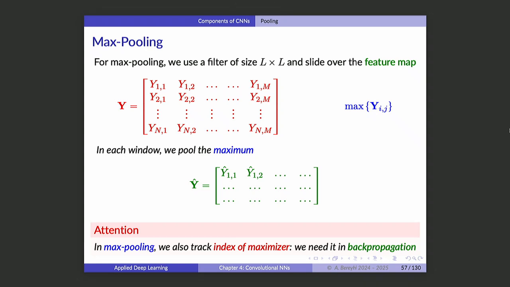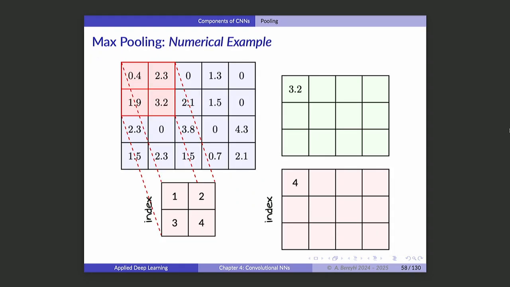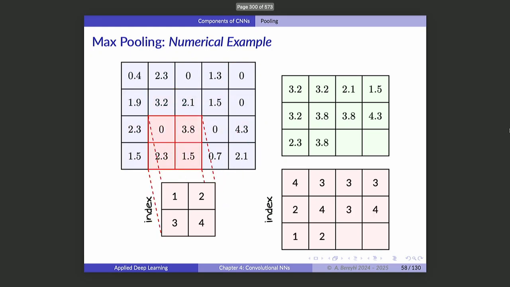operation, which we also indicated at this point here, that we need to carry the index of the entries which we have collected. We will see today why we need that, because this is going to help us do the backpropagation. So like here in this example, we look at this window, we're going to write down the maximum value between these 4 different values, which is 3.2. And we keep on going one by one. We are doing the pooling with stride 1 here.